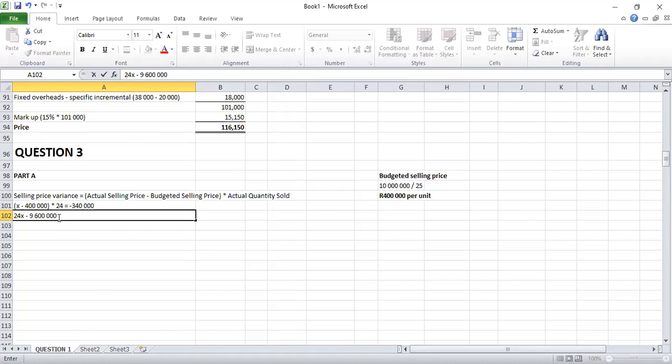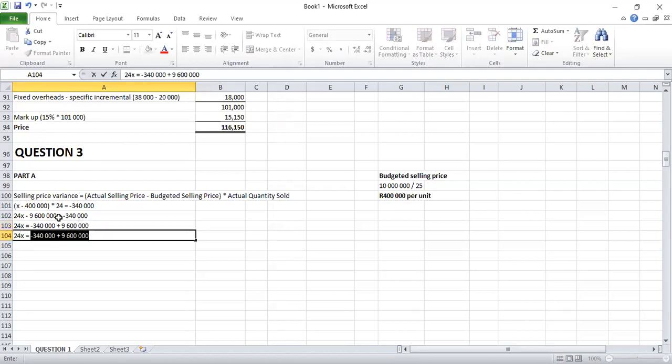So 24x minus 9,600,000 will be equal to negative 340,000. If we take the 9,600,000 to that side, it becomes plus 9,600,000. So we get 24x is equal to negative 340,000 plus 9,600,000.